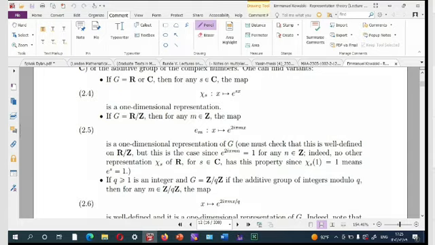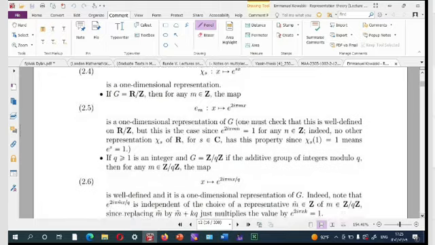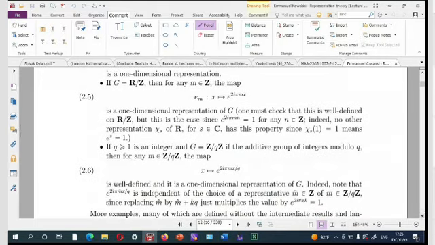Then for any n in this quotient space, this map is well defined, and it is a one-dimensional representation of G. Please note that all of these are one-dimensional.